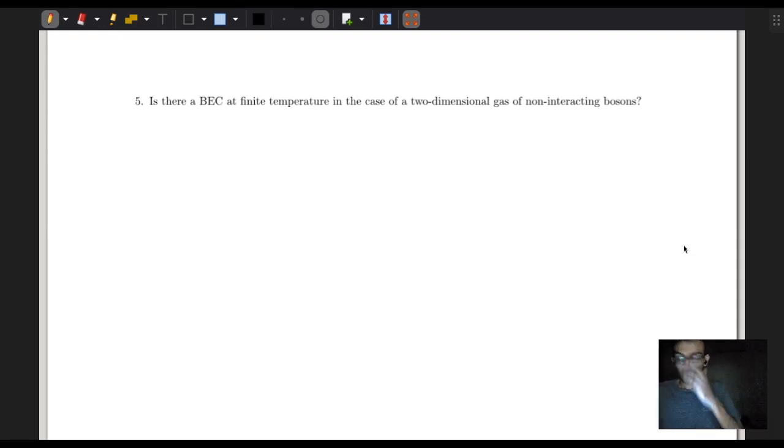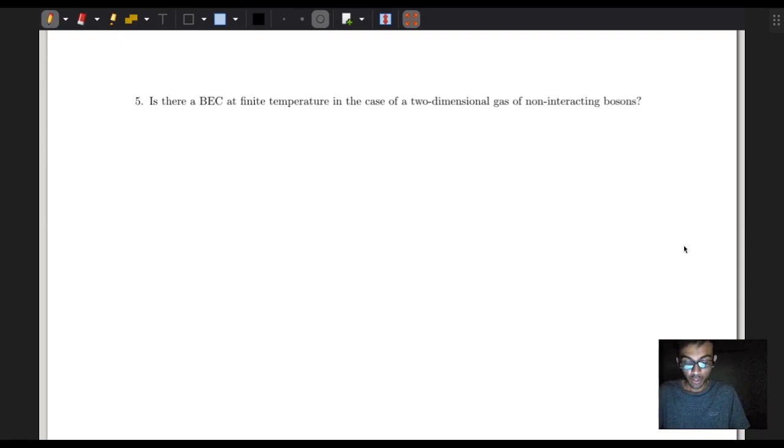All right, so let's move to the next problem. So far we have discussed the thermodynamics of bosons which are not conserved.